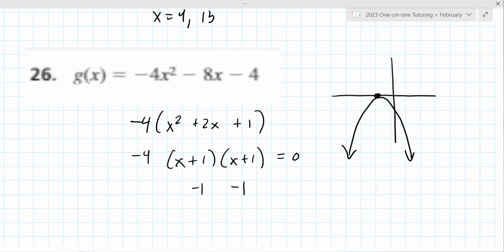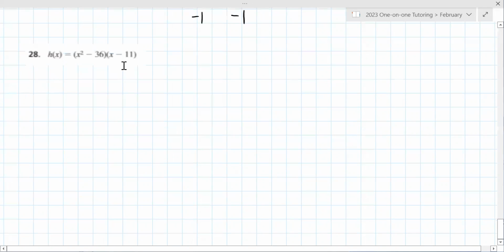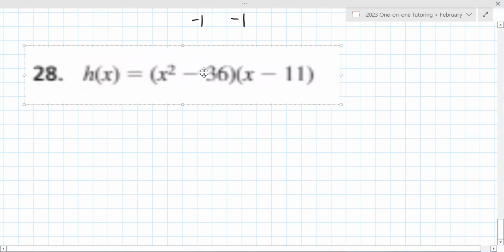All right, 28 is not a quadratic. Why is 28 in this part of the book? That's really weird. So what you're supposed to see is that the first one is difference of squares.